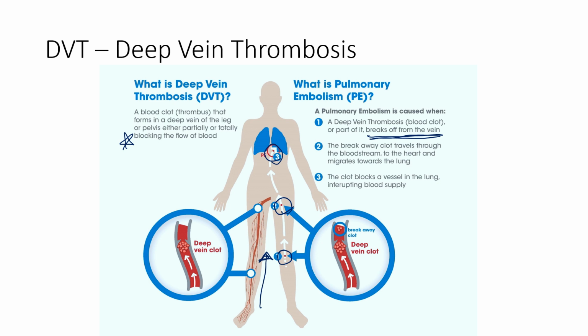And that heart has the pulmonary circuit, so it could go into the lungs. And if that clot ends up entering the lungs, or it could even enter the brain, it's going to block blood flow to that area, preventing oxygen delivery. And you certainly don't want that happening in your lung or in your brain or in the coronary arteries of your heart.